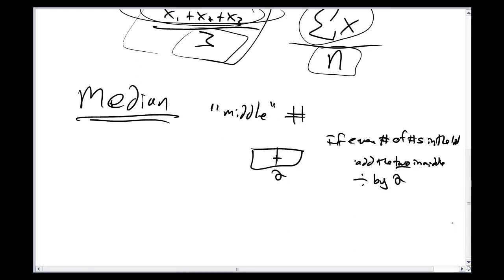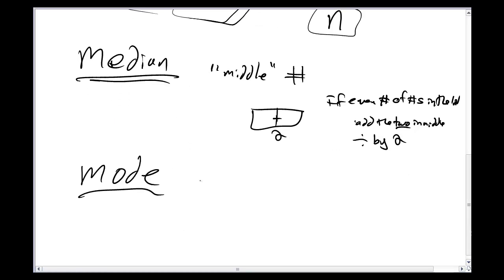So that's median. And then lastly, we have this idea of mode. So these are the 3 things that we could be talking about in average. Mode is the number that appears the most, after just showing up one time.